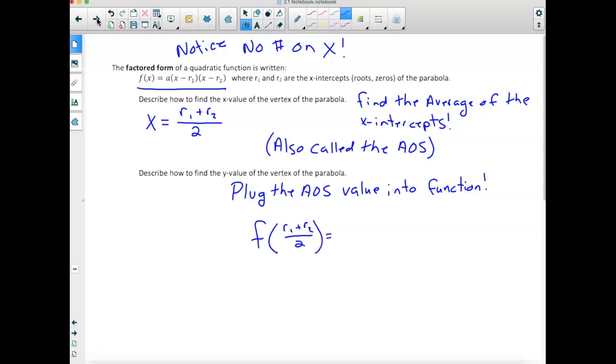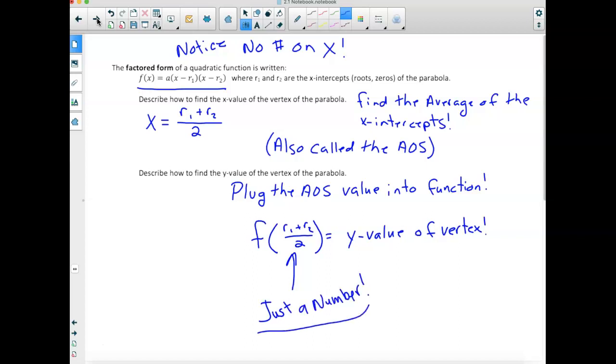That will output me my y value of the vertex. Okay? This looks ugly. It's just a number.